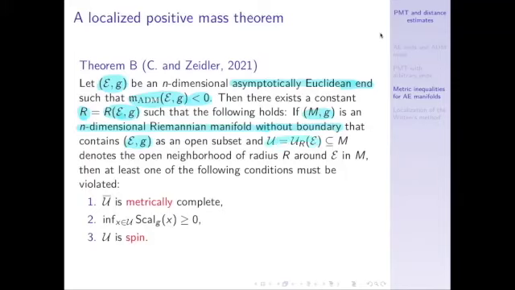that U is an open neighborhood of radius R around E in M, then at least one of the following conditions must be violated. So the first is that the closure of U is metrically complete. The second condition is that the scalar curvature is non-negative on U. And condition number 3 is that U is spin.